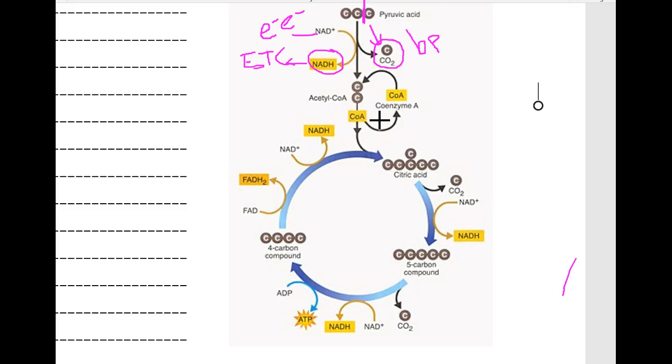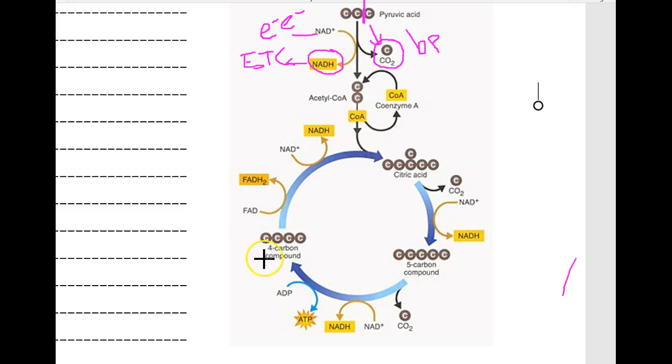This coenzyme A is going to wrap itself around the 2-carbon compound that we see here and form a temporary compound known as acetyl coenzyme A. So that's this 2-carbon compound along with this helper enzyme coenzyme A to make acetyl coenzyme A. And now as acetyl coenzyme A, it's ready to enter a series of chemical reactions.